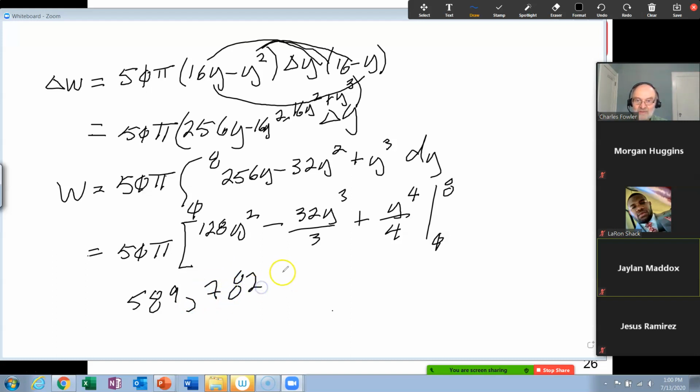589,782 foot-pounds. And the U.S. customary unit for work is foot-pounds, not joules. Okay. And that's what we got. And it's really convoluted, and I'm not at all pleased with their rendition of where they came up with that key thing, that x squared plus (y minus 8) squared is equal to 8 squared.